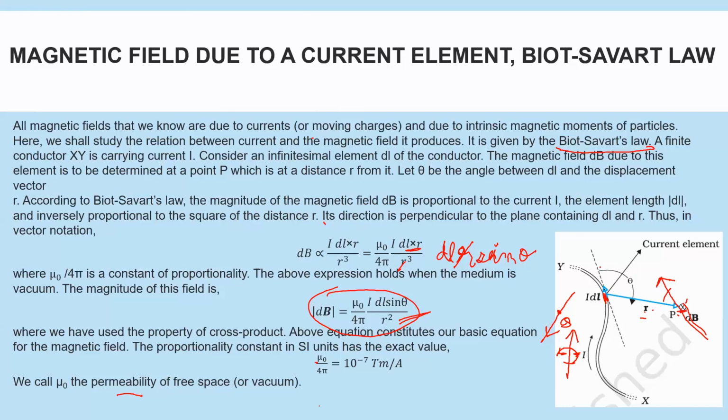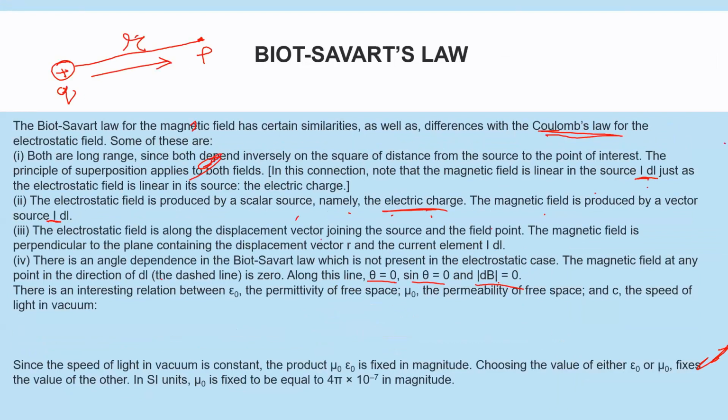If the point is also along the direction of this dl, theta becomes 0, sine theta will also be 0, and that is why there would be no magnetic field at that time.